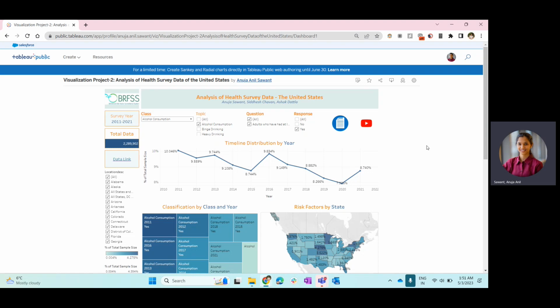To talk about this topic, from the very beginning we were interested in exploring a data set associated with the United States, and here we found one of the largest telephonic survey data, the Behavioral Risk Factor Surveillance System of the United States.